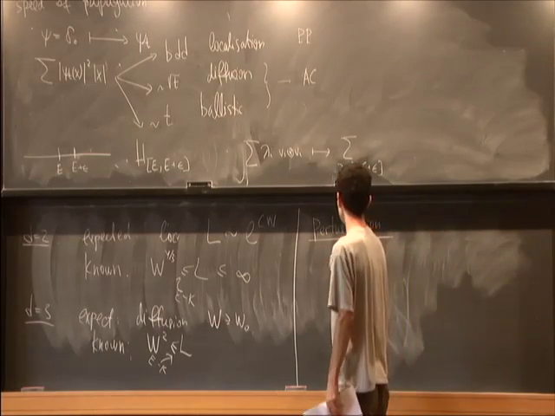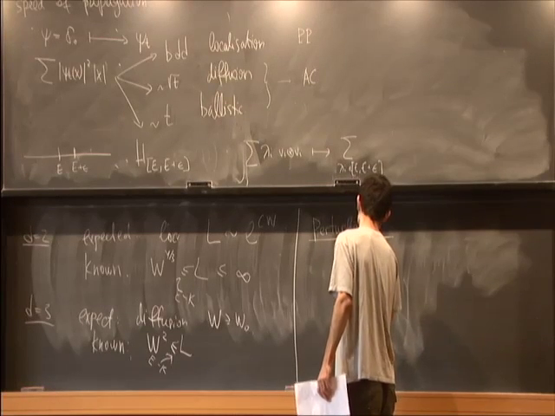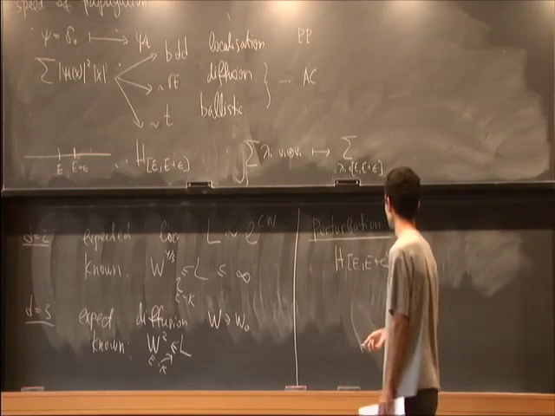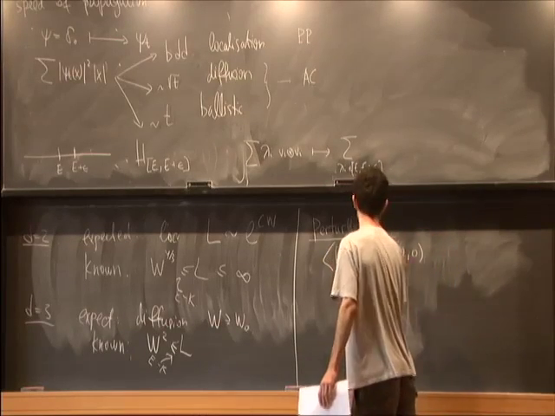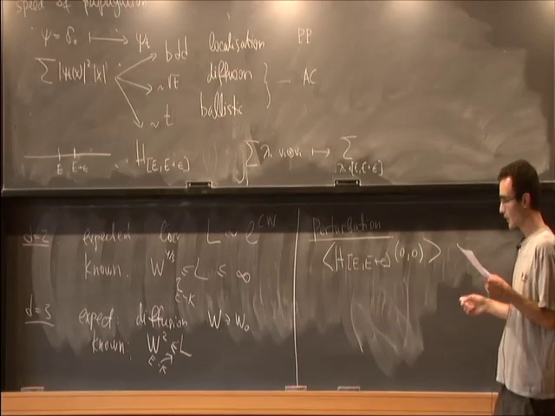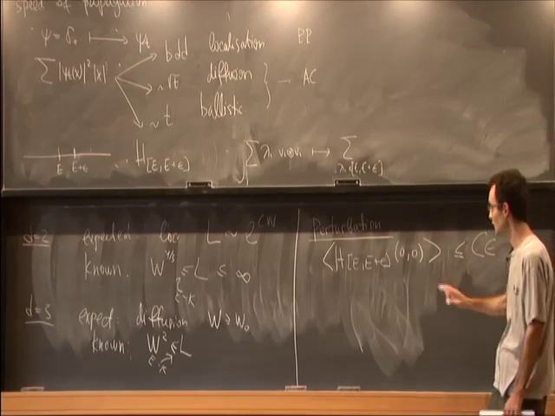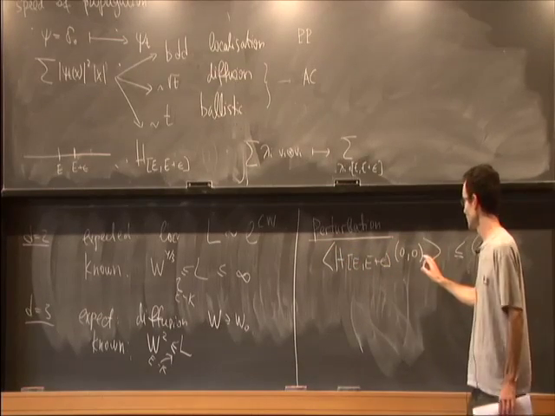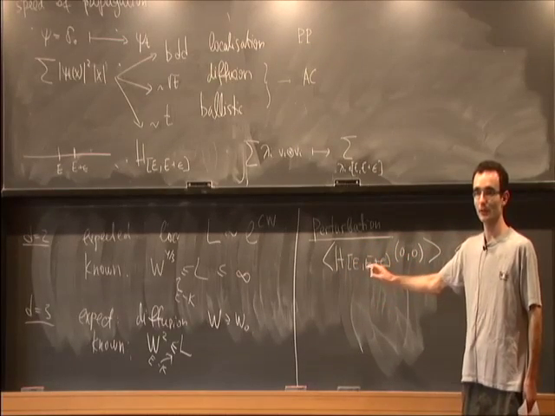An easier problem would be to take the operator H, take its spectral projection to a small interval, look at the 0,0 element, and consider its average. I ask whether this is bounded by something like epsilon. If I wouldn't take the average here, this would mean that we have absolutely continuous spectrum.